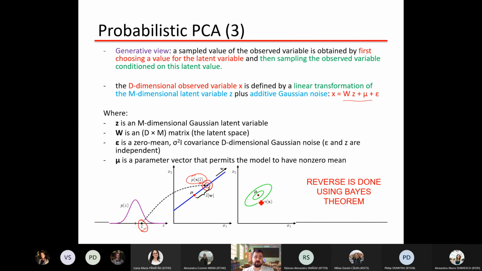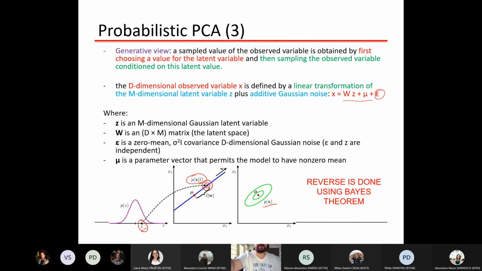So the value of x will be the distribution that is centered in mu in this position and has this Gaussian noise. So the d-dimensional observed value x is defined by the linear transformation of the m-dimensional latent variable z hat plus the additive Gaussian noise. So this is how we identify p of x: first sample z hat, then condition the value of x depending on z hat, and then we finally obtain the distribution for p of x.